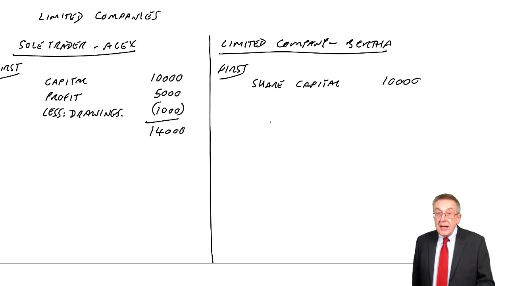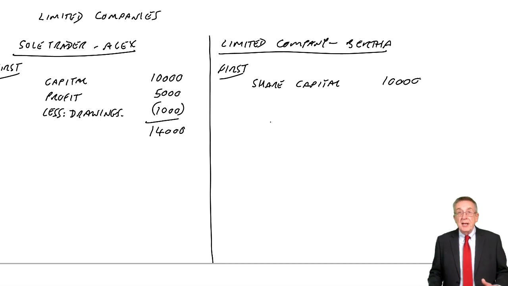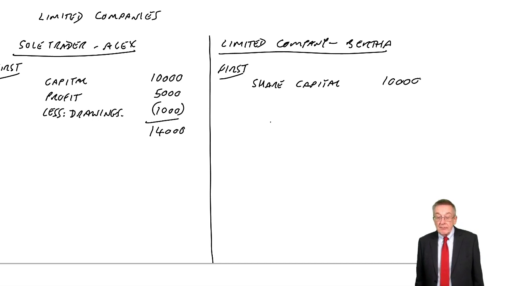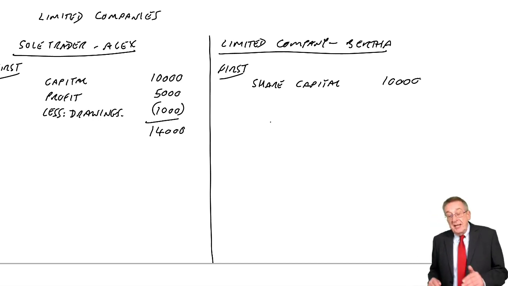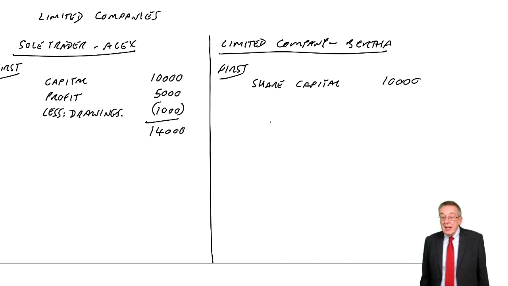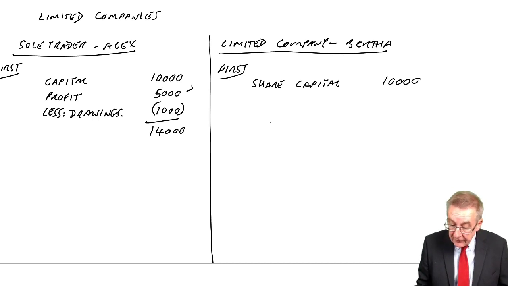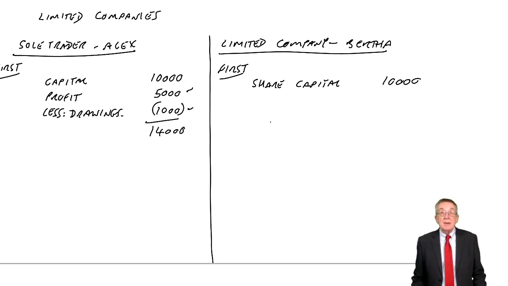However, instead of showing the profit for the year and the dividends separately, as we do for a sole trader, we effectively do separate workings, and we show the net of the two. Here, again, they made profit of 5,000 and they've had dividends of 1,000.